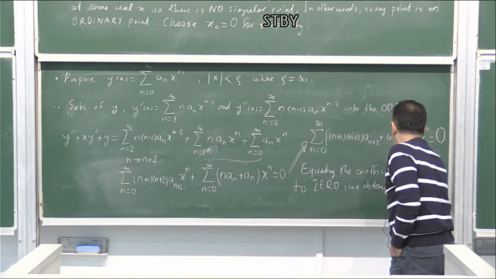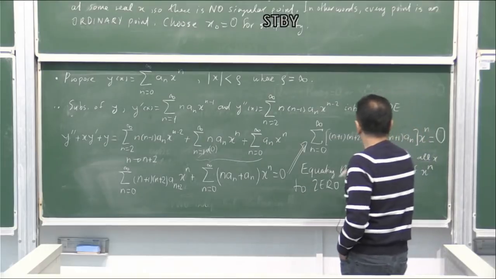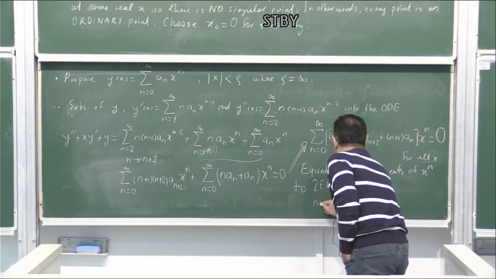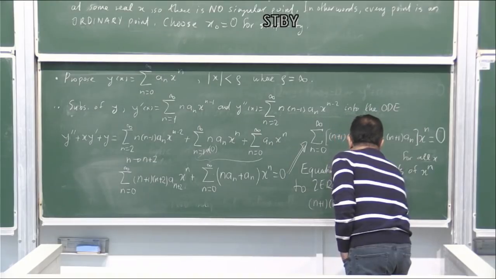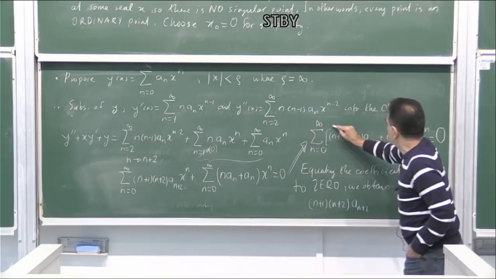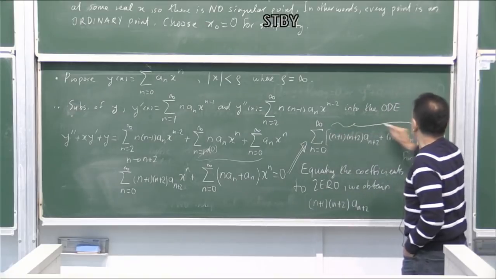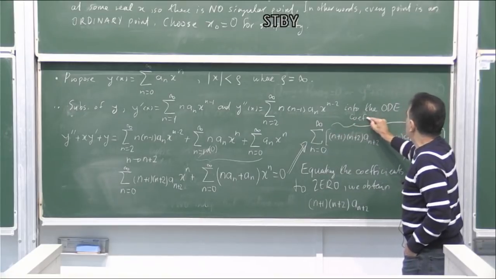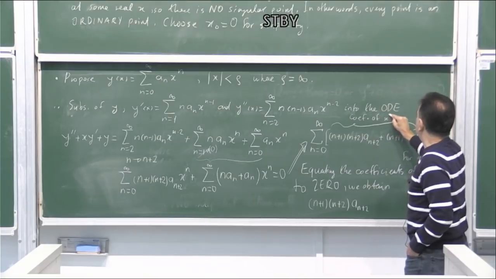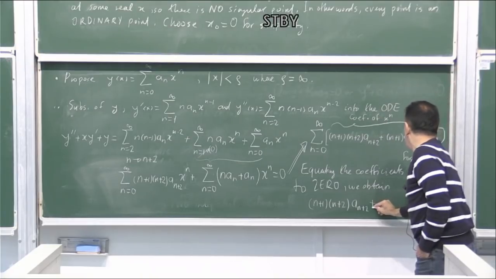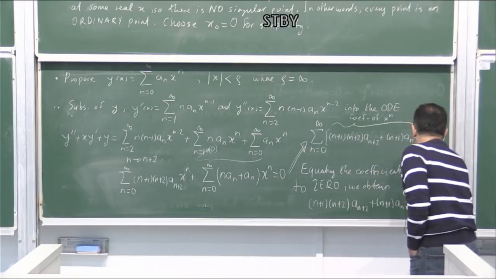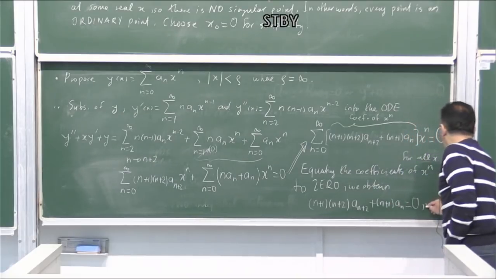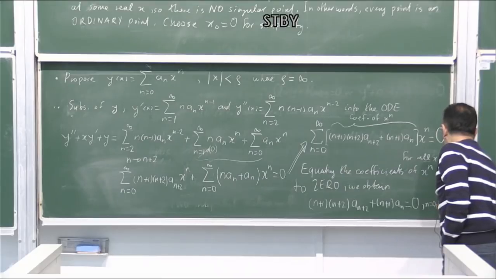We obtain the recurrence relation, which is n plus 1, n plus 2, a n plus 2, this is the coefficient of x to the power n, plus n plus 1 a n must be 0 for all n, right?